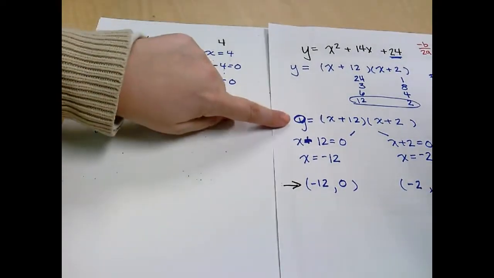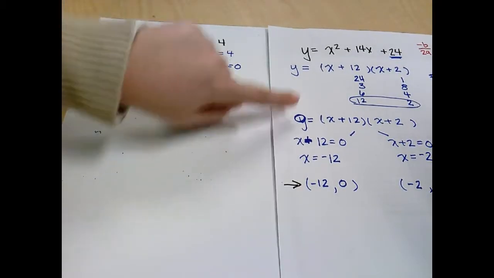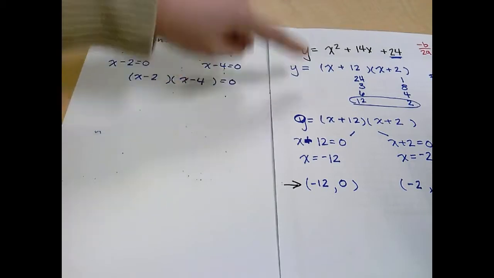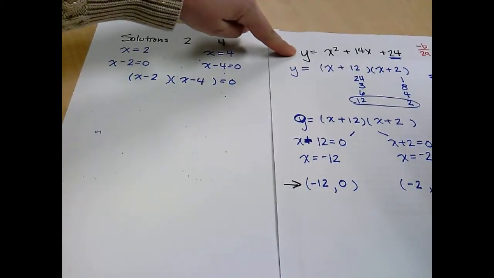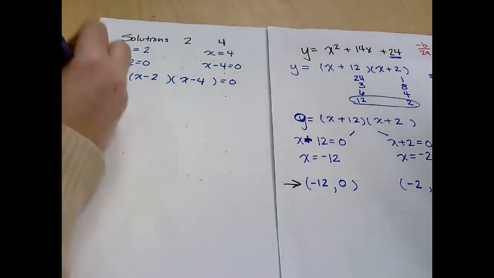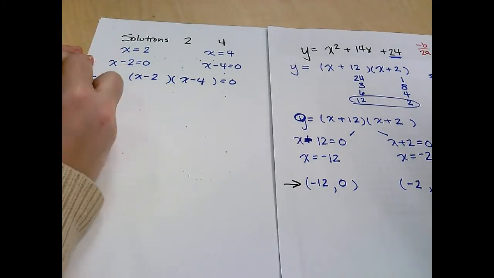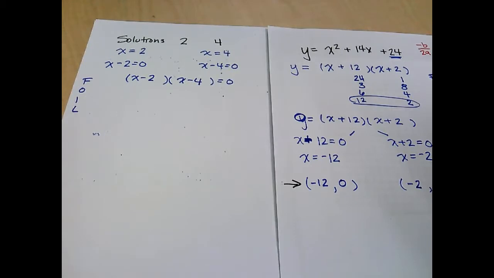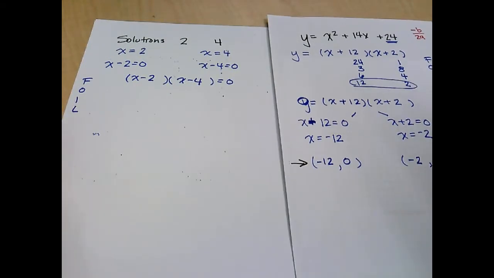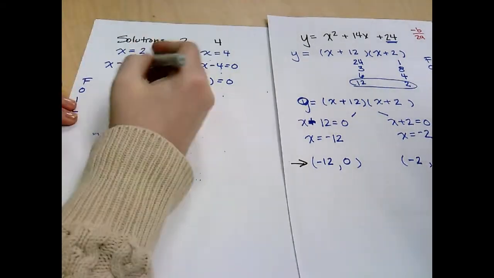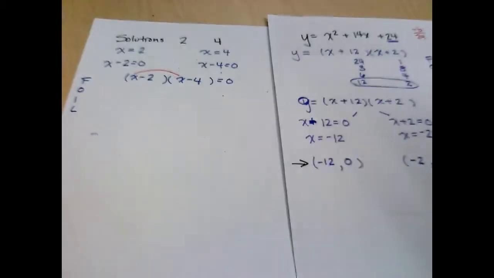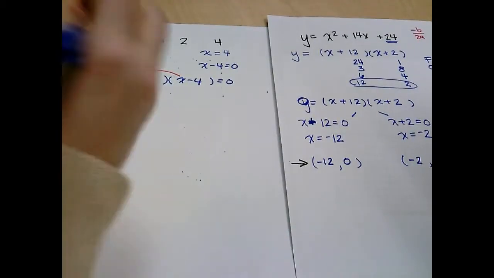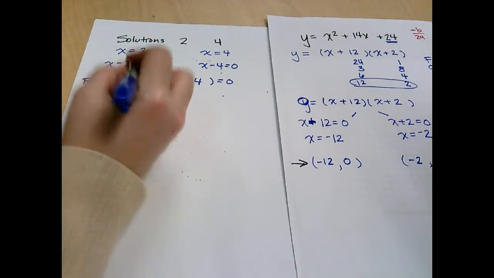And then again, walking this backward, I FOILed. And when I FOILed, I got my equation. So I'm going to use that FOIL process again: firsts, outers, inners, and lasts. And I'm going to get my equation. Now I'm sure you'll remember that for my FOILing, I do first times first, which should give me an x squared.